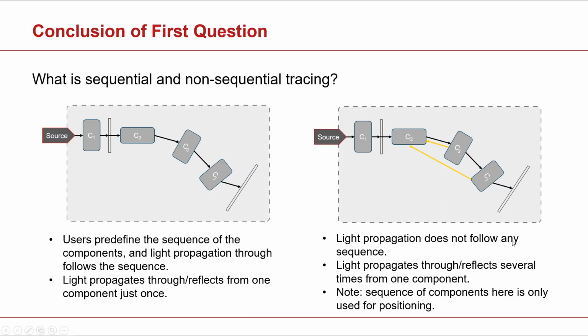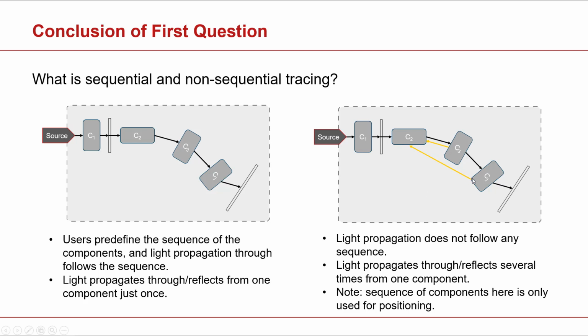Conclusion for the first question, what is sequential and non-sequential tracing? In sequential tracing, users may predefine the sequence of components, and the light propagation through these components follows that sequence. Generally, light propagates through or reflects from one component just once. But in non-sequential modeling, light propagation doesn't follow any predefined sequence.